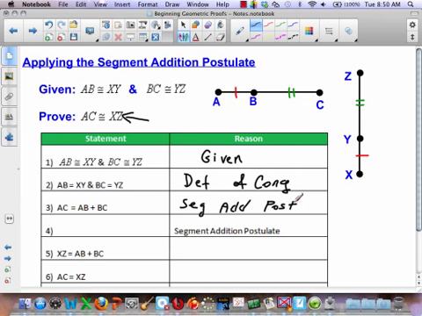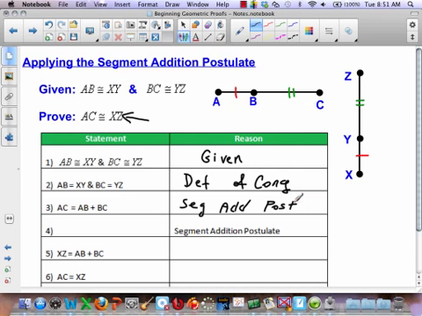Well, this is the hard part of the proof too, going the other way. What if I just gave you the reason? Take a look at number 4. Give the reason as segment addition postulate. What do you think number 4 is going to say? Well, we defined what AC is.